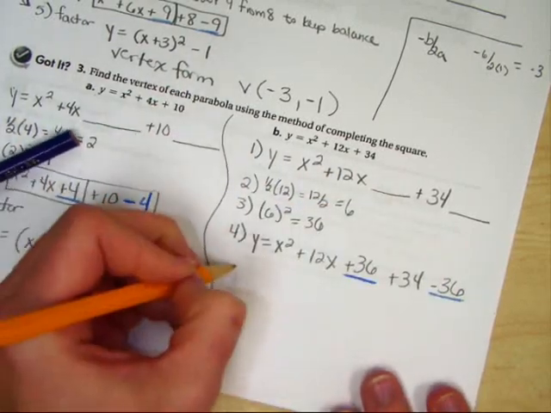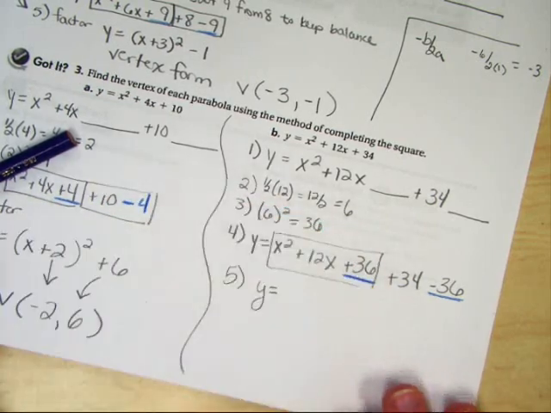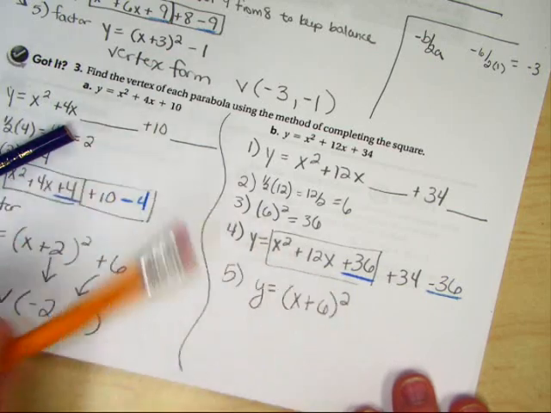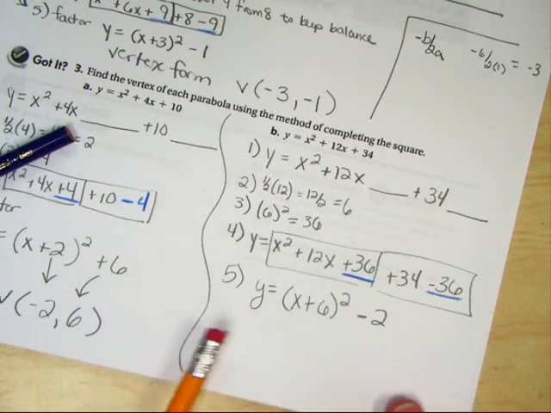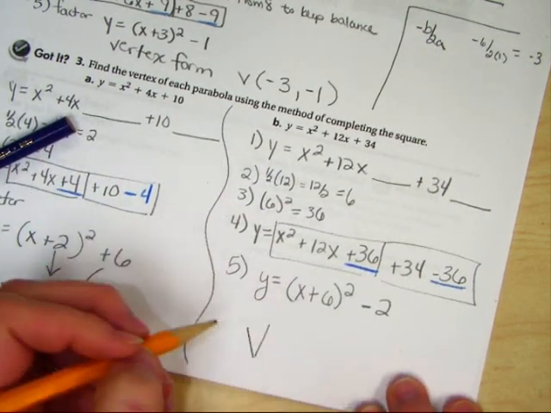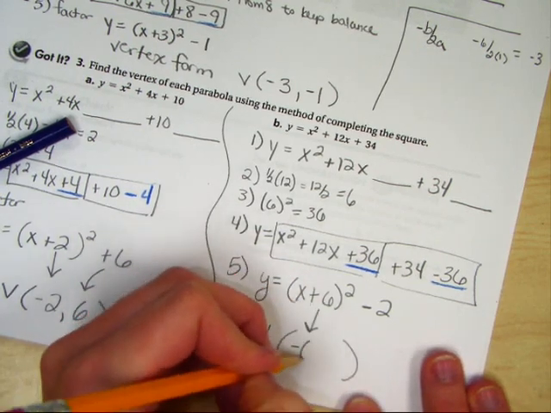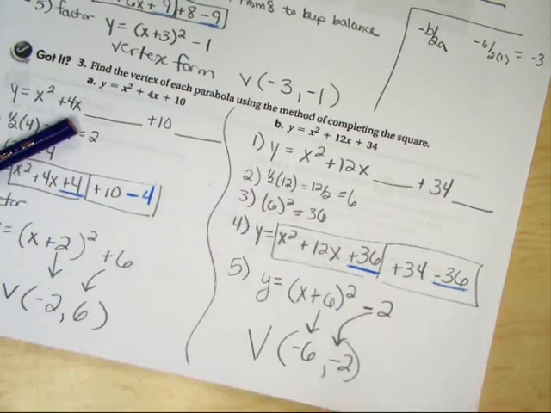Okay, step 5, y equals, break these 3 things down, x plus 6 quantity squared, put these 2 things together, minus 2. Now you're ready for your vertex. Your vertex is the opposite of this, so negative 6, and what you see here, negative 2.